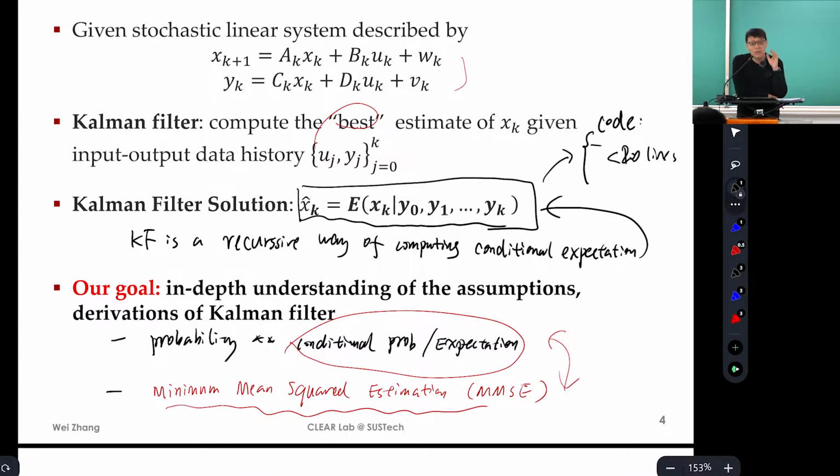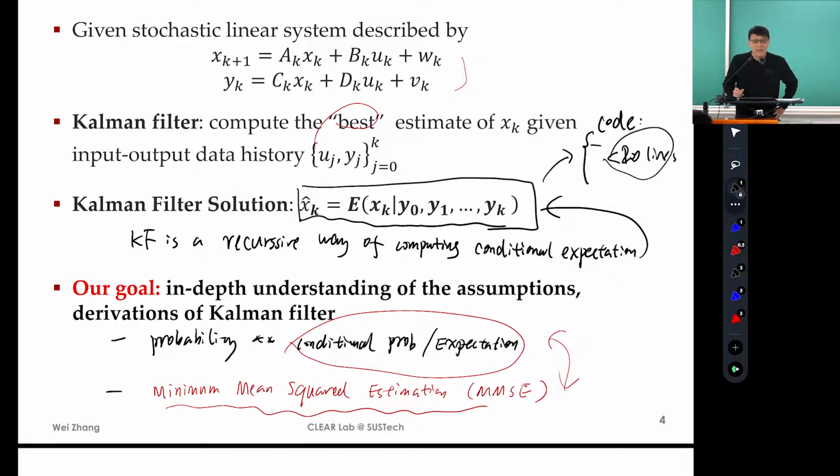Another key thing I want you to remember: the first thing is that Kalman filter is the same as observer, functionality-wise. It's just your algorithm is different. Secondly, in terms of algorithm, I want to emphasize that Kalman filter is super simple. As I mentioned before, it just involves maybe 10 or 15 lines of code, if you know what's going on.